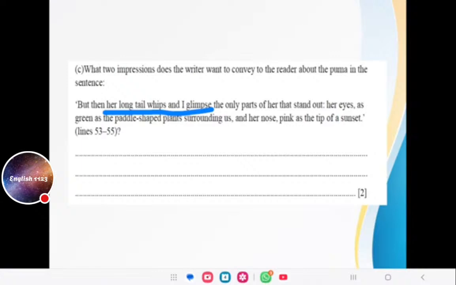I glimpse the only parts of her that stand out, the different parts of her body, her eyes, as green as... so basically the writer is comparing the puma's eyes to plants. Here the writer is trying to tell us how beautiful that animal is. The eyes are being compared to plants, and her nose is pink, being compared to the tip of a sunset. So these are different impressions that the writer is trying to create.